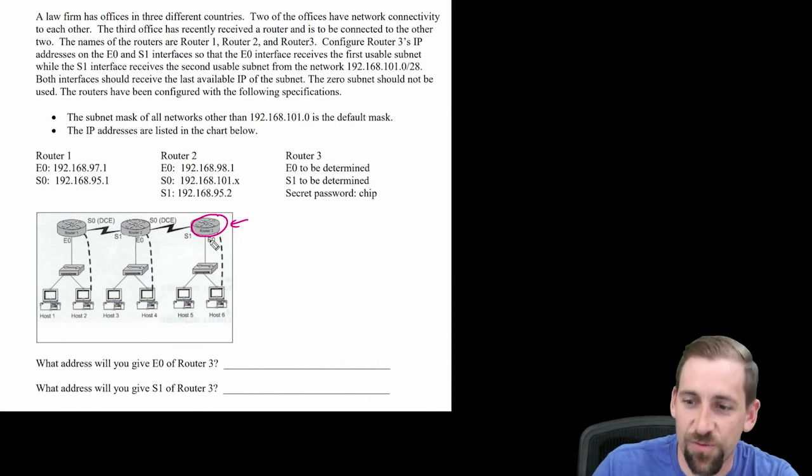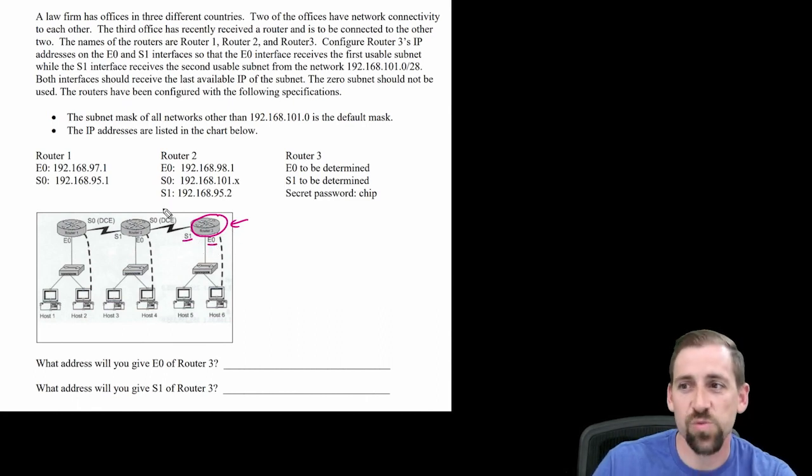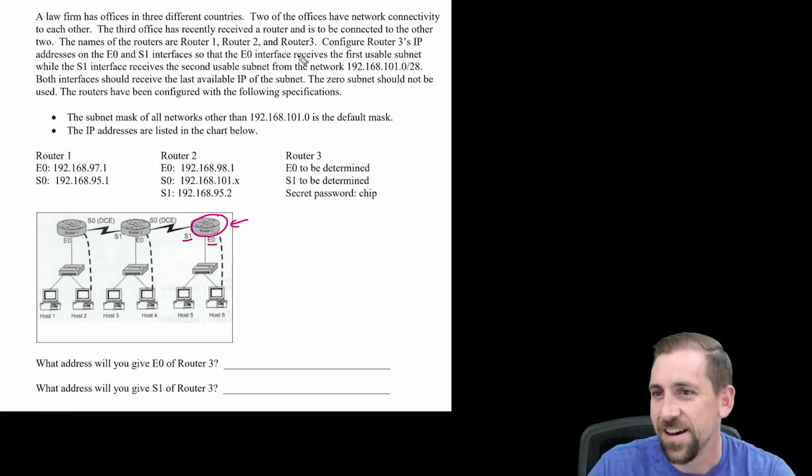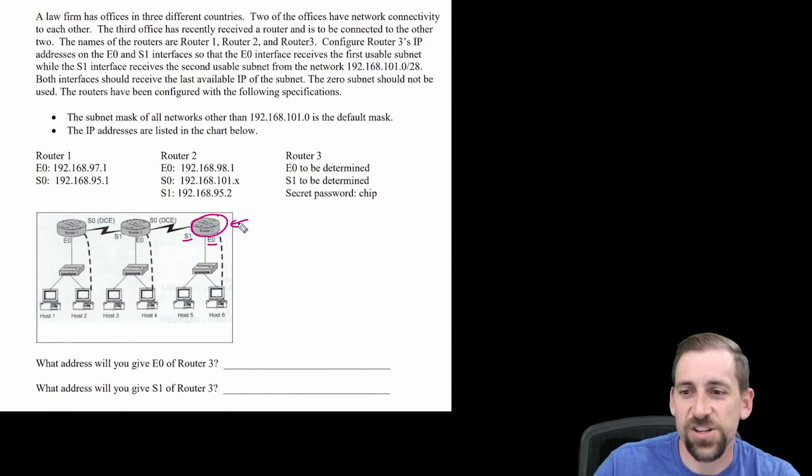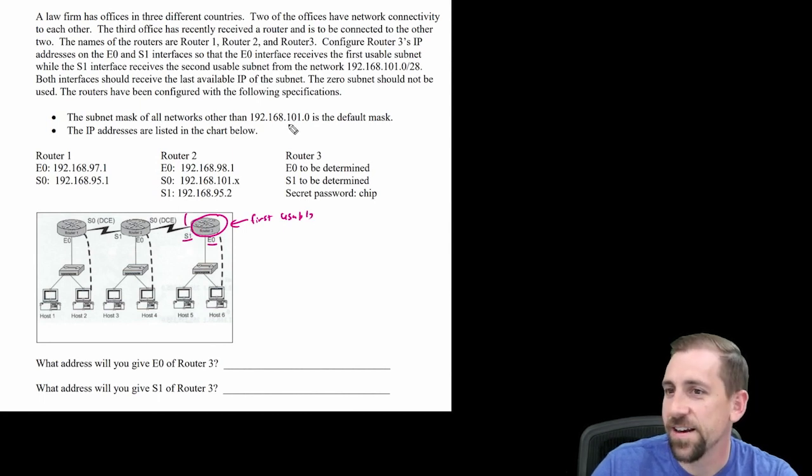We need to configure R3's IP addresses, E0 and S1, so that E0's interface receives the first usable subnet. So this is the first usable subnet. We'll define what that means in a second here. And S1 receives the second usable subnet.